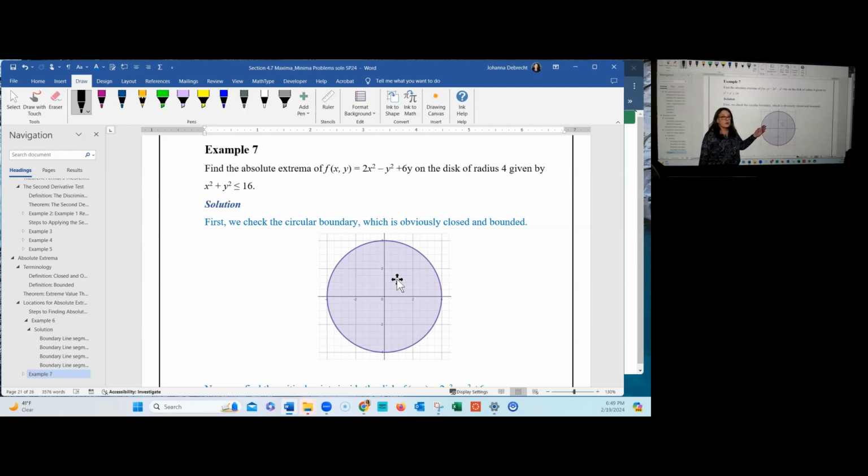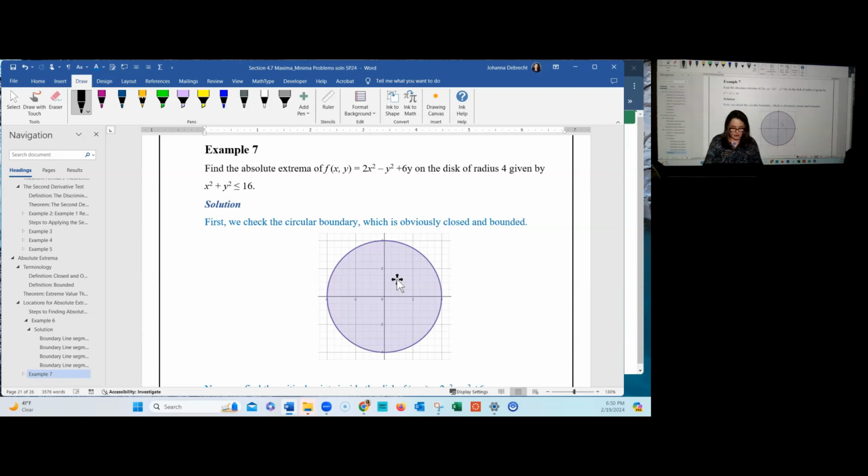In this case, we're going to want to find the critical points that fit within this space. So their x value will have to fall within this circle and y value as well. Then we're going to have to parameterize the boundary curve somehow so that we can find any critical values along the boundary curve.